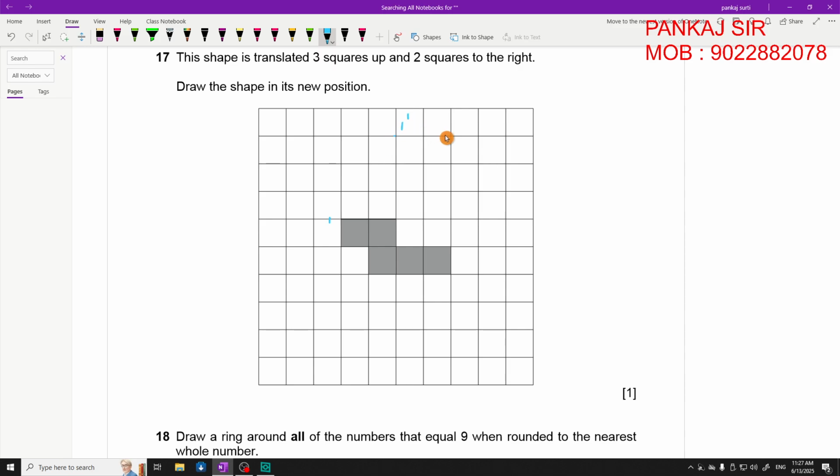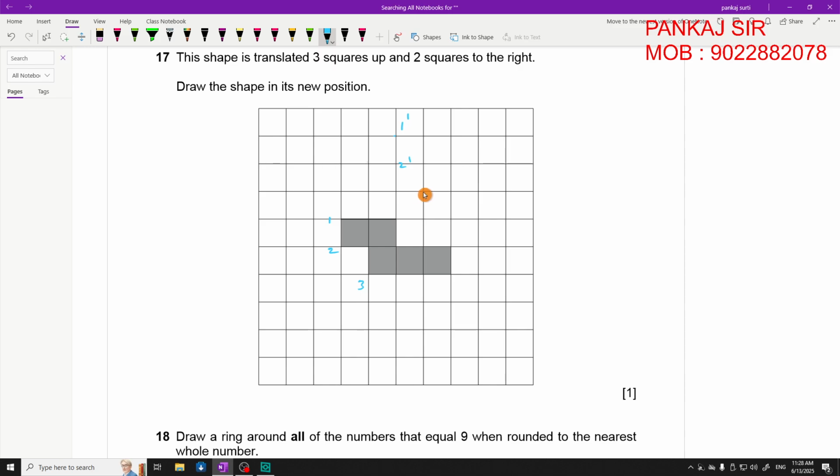So this will be my 1 dash, 1 prime. Okay. Now let this be 2. So I'll move 3 squares up and 2 right. So 1, 2, 3, and 2 right, 1, 2. So this will be 2 dash. Okay. So I get this 1 and 2 dash. Now this one, this is 3. Now if I move in the same way, this 3 will go 1, 2, 3 squares up and 1, 2 squares over on the right.